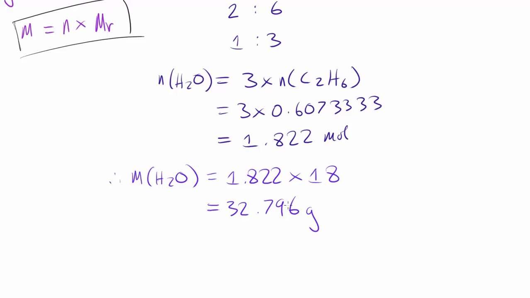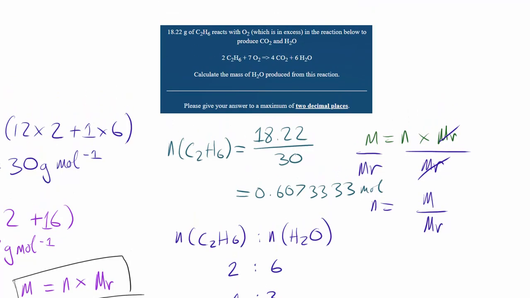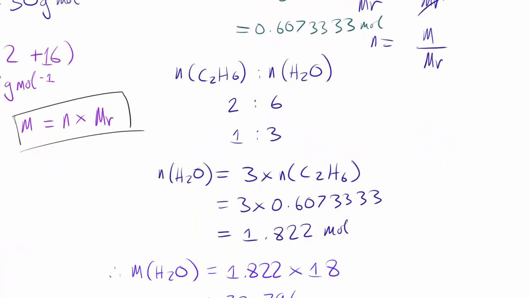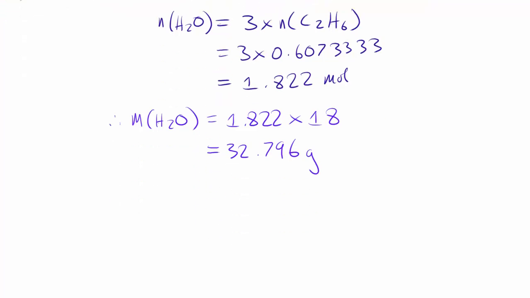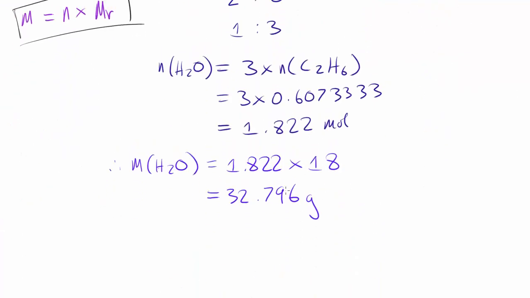Let's refer back to what the question actually asks us for. It asks us to calculate the mass of H₂O produced from this reaction, which we've done, but it also goes on to say to answer to a maximum of 2 decimal places, and this is 3 decimal places. So an additional step needs to be taken: we need to round this to 2 decimal places.